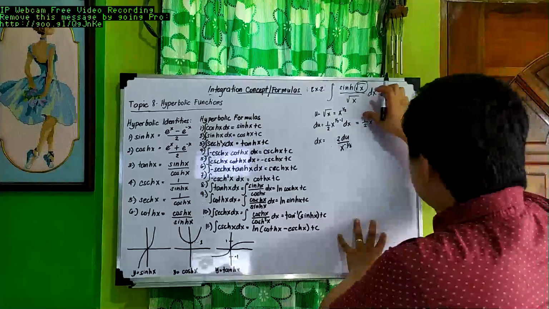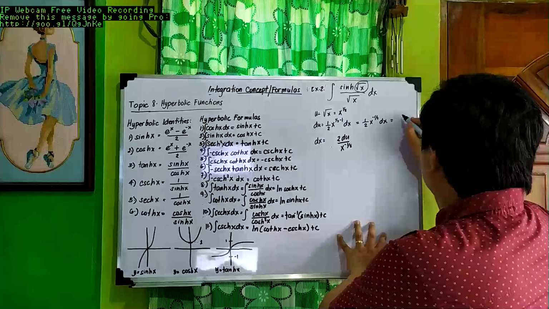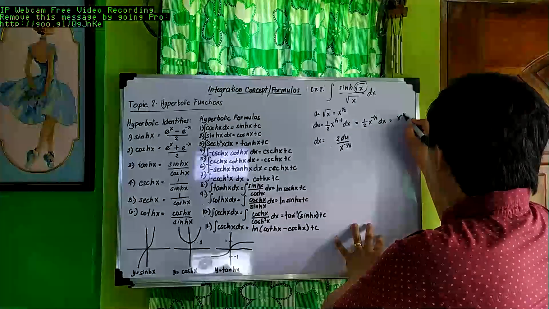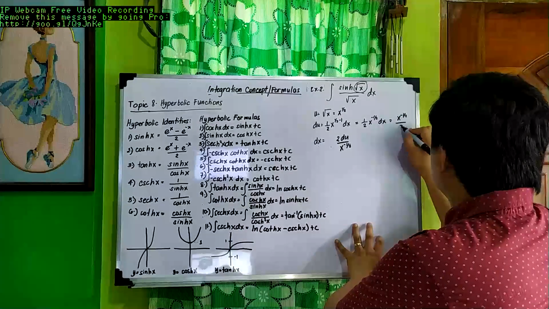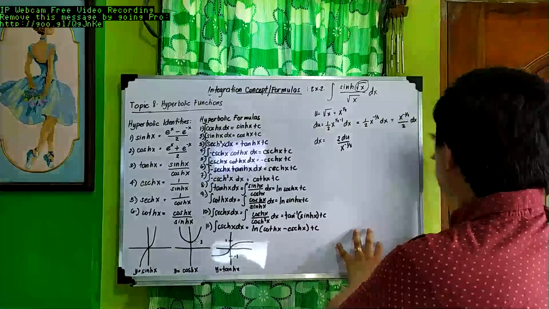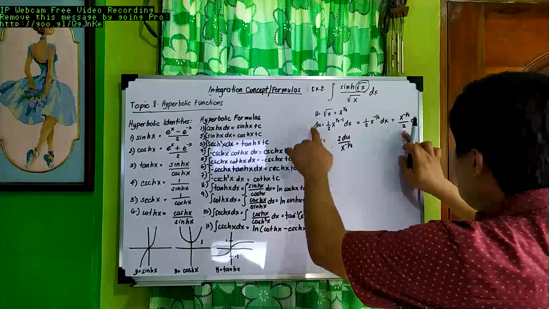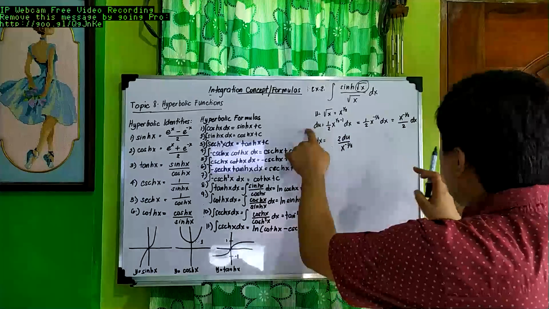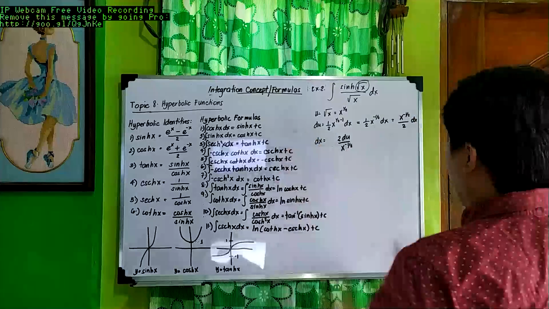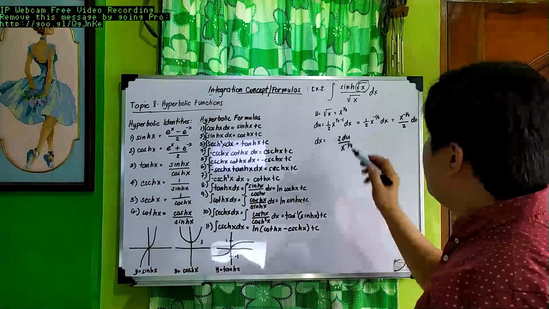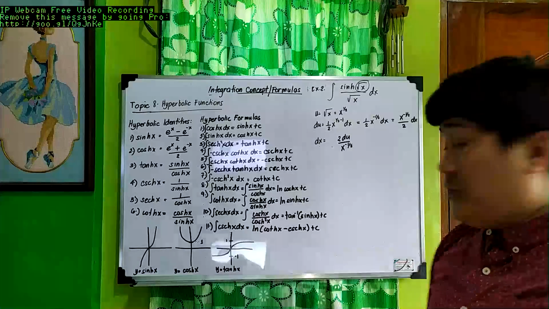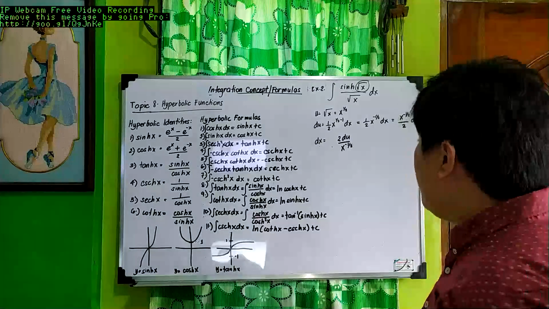Because this is just like x raised to the power of negative 1 half over 2 dx, right? So when we transpose this one to the other side, we have 2 times du, then this one will be the denominator. Okay? So from that, we already get your u, du, and dx.